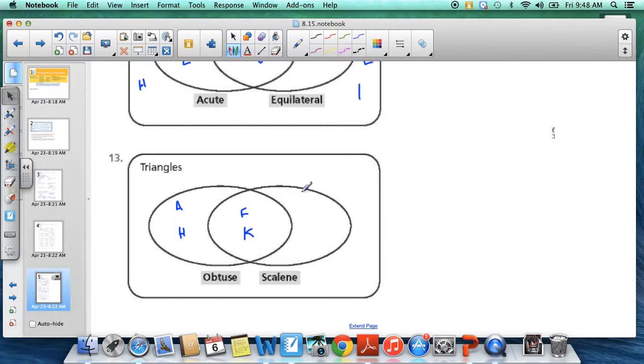And then just for scalene, we have triangle B, triangle D, triangle I. And then on the outer rim, we're going to write triangle C, triangle G, and then we'll do E, L, and J. Oh, poor triangles.